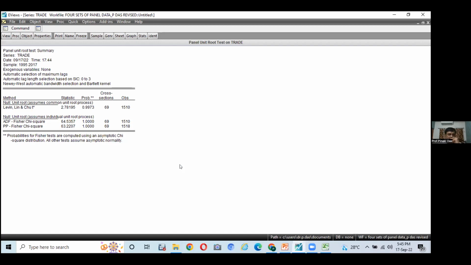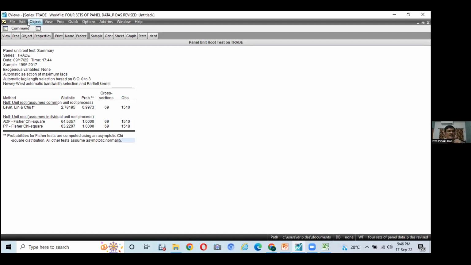And in the third type of equation, out of 3, no one is statistically significant. Therefore, out of these 11 results, only 2 plus 2, 4 are statistically significant, and the remaining 7 are statistically insignificant. Therefore, by the majority rule, 7 out of 11 test results are statistically insignificant, and that is why we consider the trade variable non-stationary at the level.